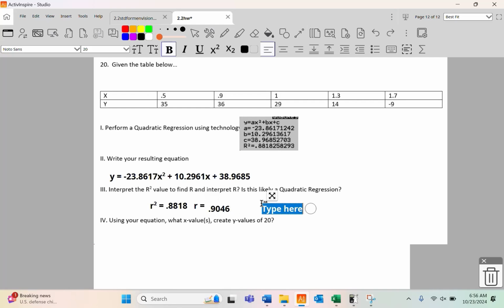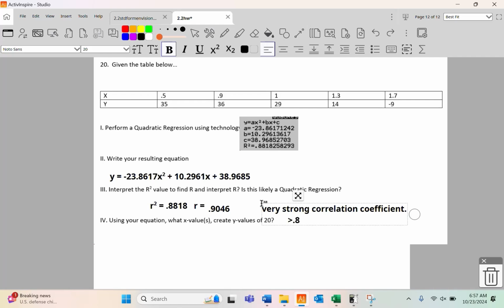Now this is a very strong coefficient. And forgive me, I am just exhausted. It is a very strong correlation coefficient. Lots of textbooks teach this differently, but generally greater than around 0.8.